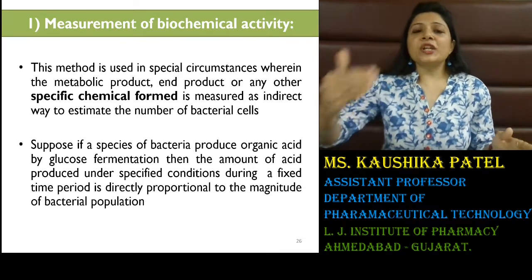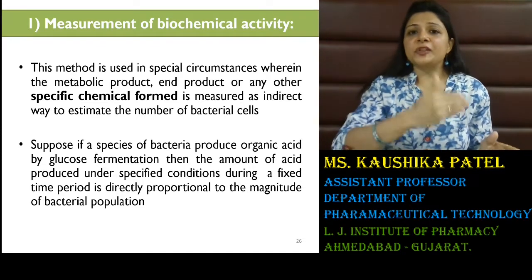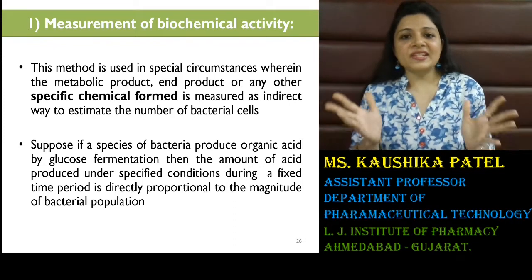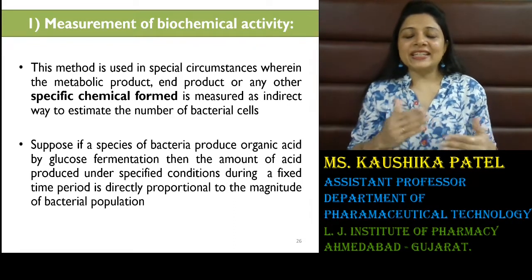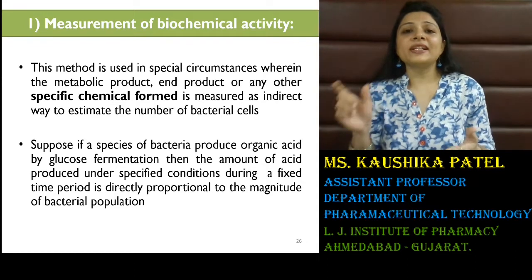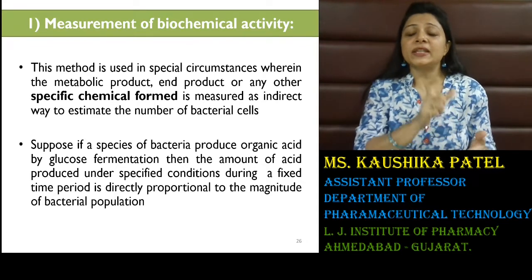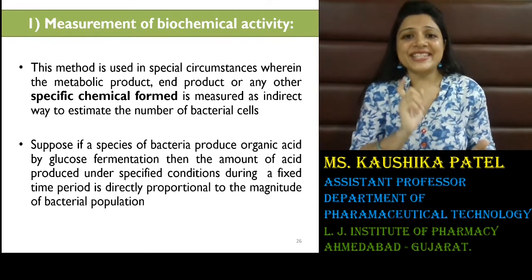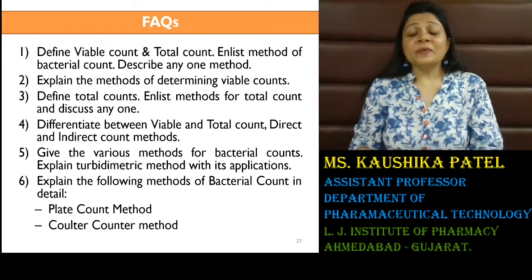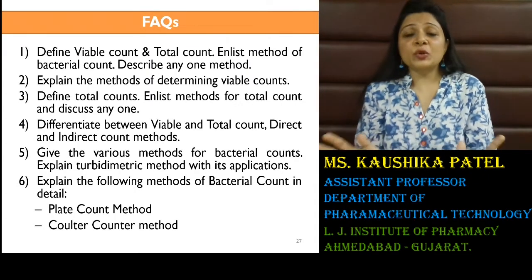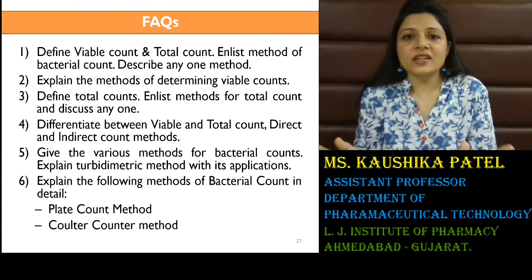The greater the quantity of that material, the higher the number of bacterial cells present in the sample. So, indirectly, based on the biochemical activity of the cell, you are determining the number of cells present in the sample. These are the three different approaches to count the bacterial cells in a sample.